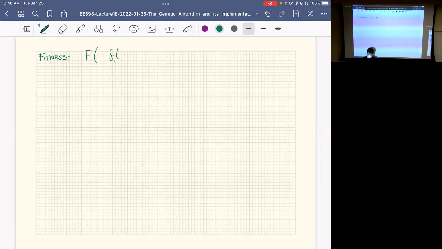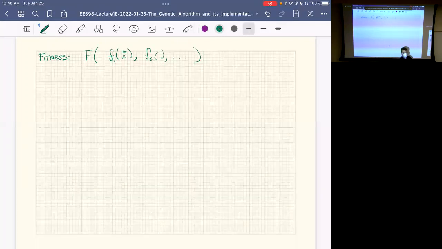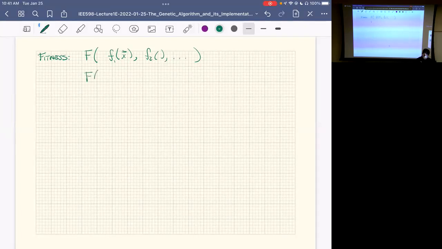So if you had f1, f2, and so on, then it combines all of those characters together to map them into a fitness function. But in our case, the simple case of a single character, it's just our single f of x. So maybe I'll even get rid of that subscript 1 there.